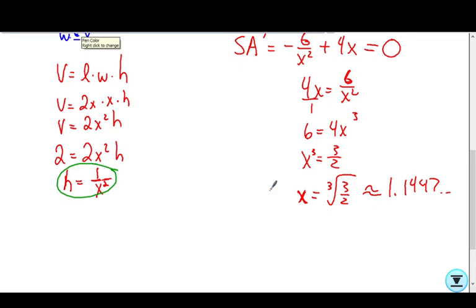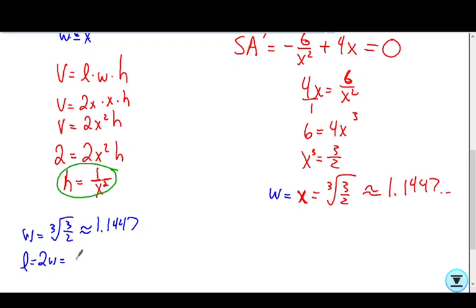Now they need the shape of the tank, so my x value, that is my width. I just found my width. So my width equals the cube root of 3 over 2, which is, like I said, 1.1447. My length, which is twice my width, is 2 times the cube root of 3 halves, which is approximately 2.289428.